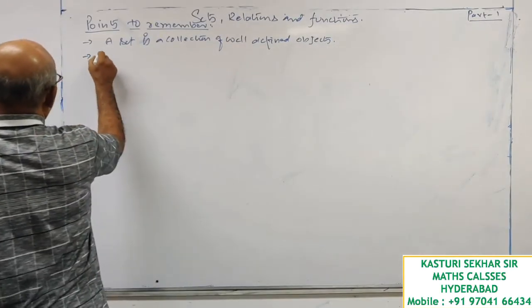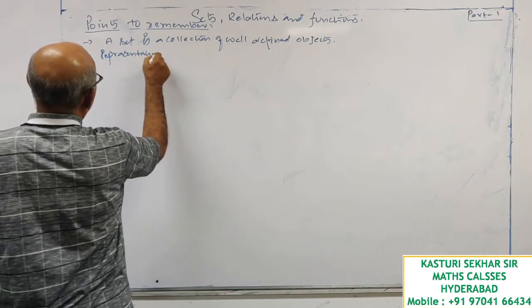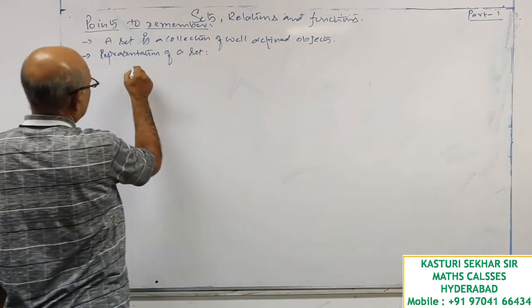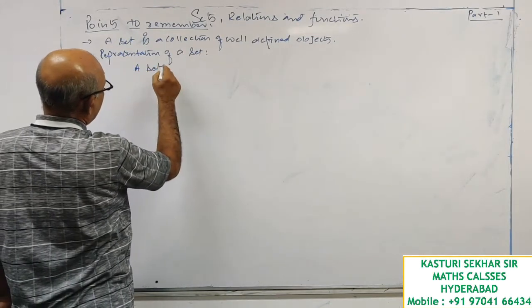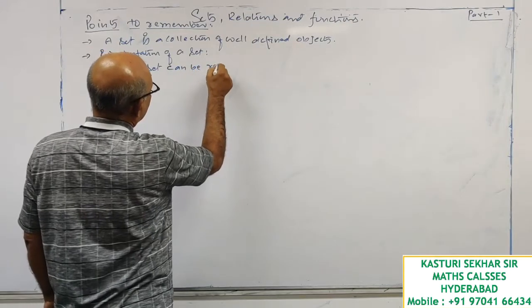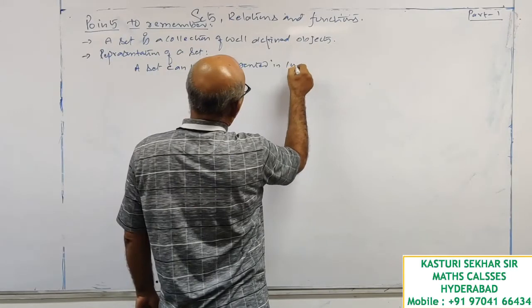Next, representation of a set. A set can be represented in two methods, in two ways.